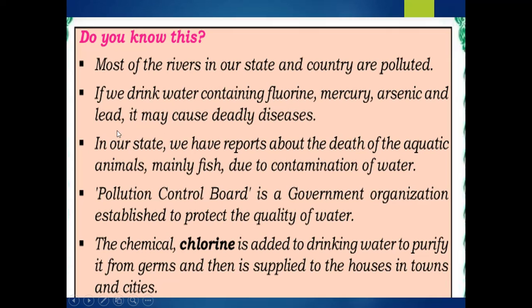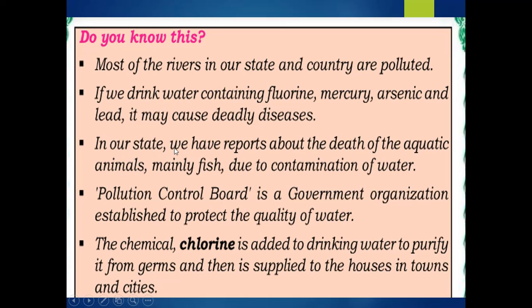If we drink water which contains chemicals such as fluorine, mercury, arsenic and lead, it may cause deadly disease, a disease which causes death to the person. So we should be very careful while drinking water.